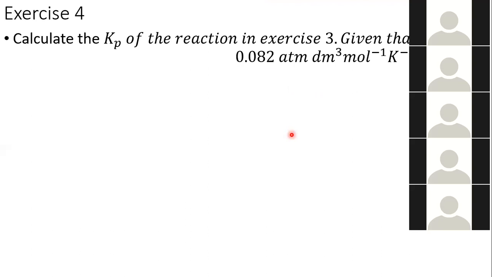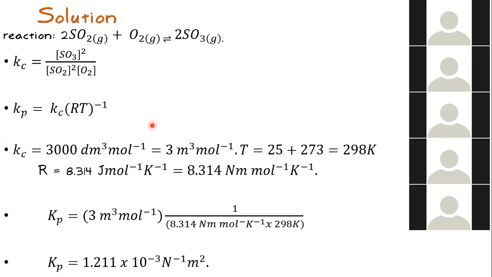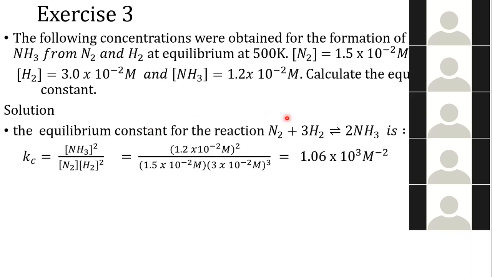Are you okay? So like this big M, just replace the big M with mole per dm cube. That is mole, then you have dm raised to the -3. Then all of it will be again raised to the power -2. Are you okay?